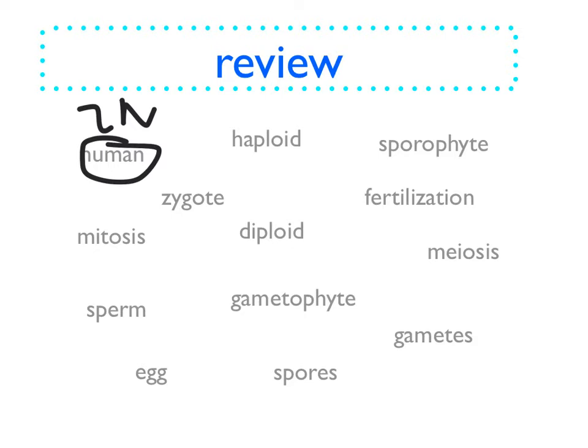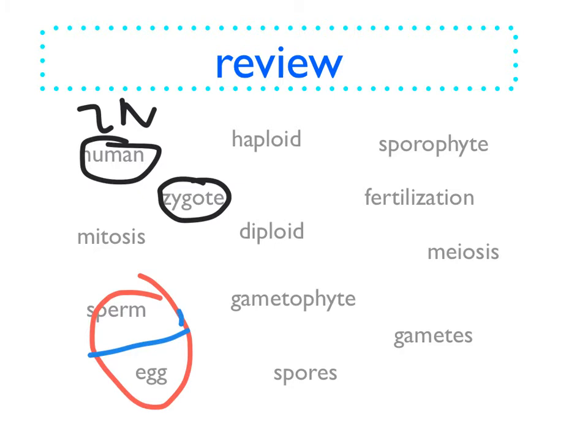Okay, 2N. It comes from a 2N zygote as well, following fertilization. So these combine and form the zygote.